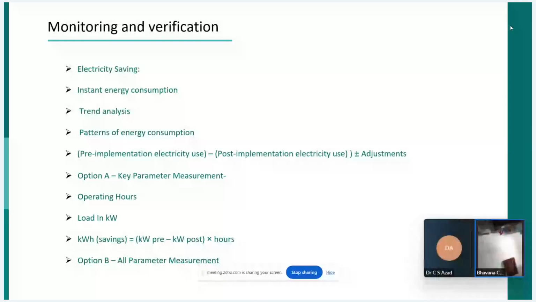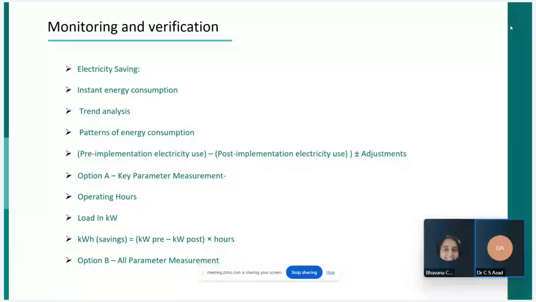So whatever you are doing, whether through your appliances, your various behavioral techniques or automated techniques, after all this implementation you need measurement and verification.